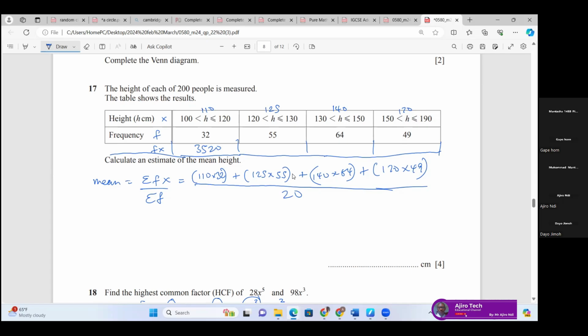So if you solve everything, okay, I'm sorry. Let me do it again. I think I'm having some errors here. 110 times, okay, let me do that fraction. I have 125 times 55.